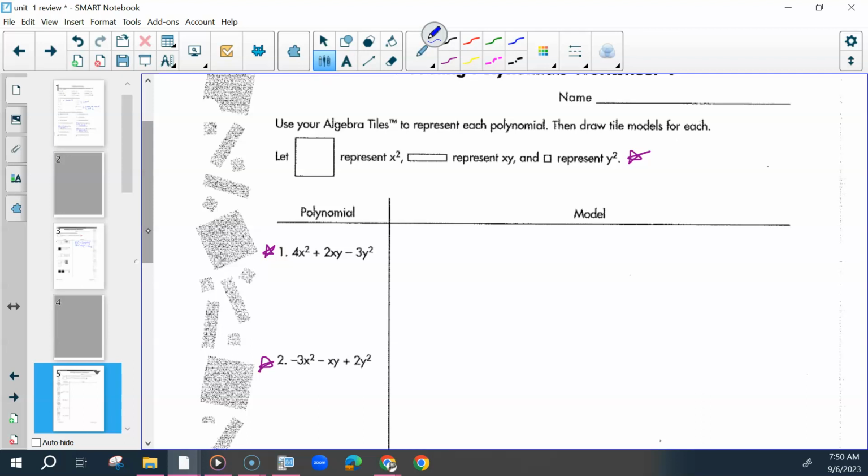So this would be you drawing it. Any of these you want to go over? Otherwise, go on to the next page.